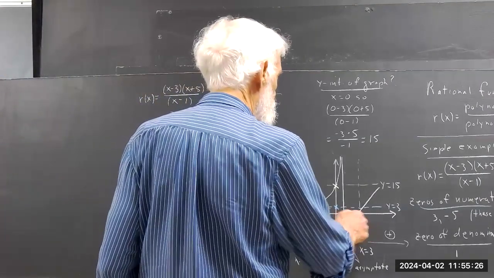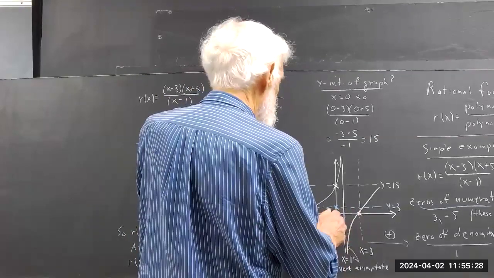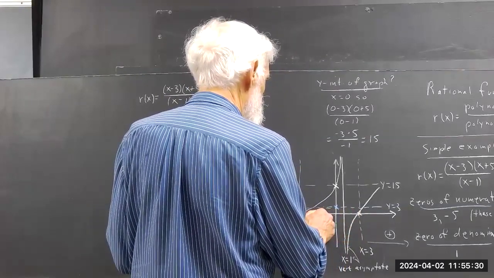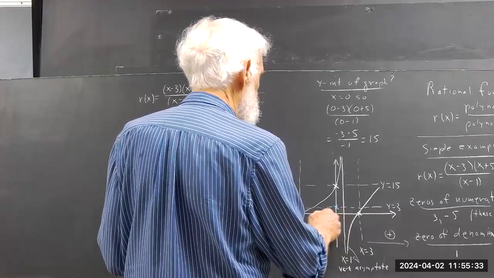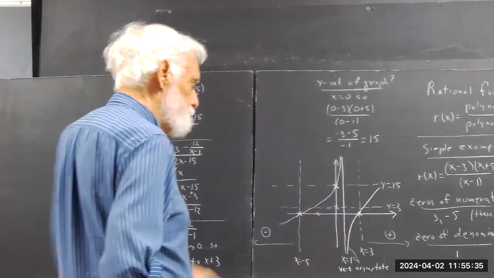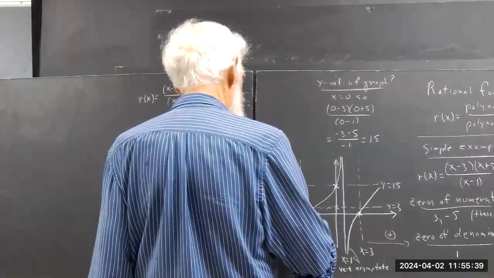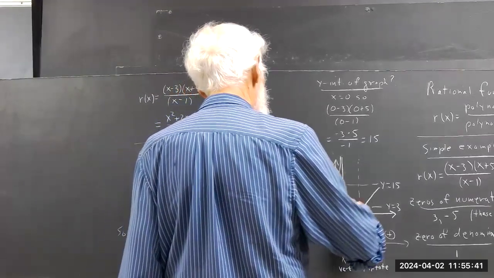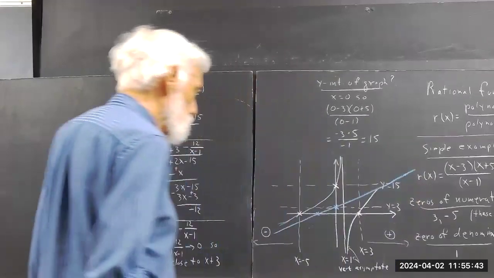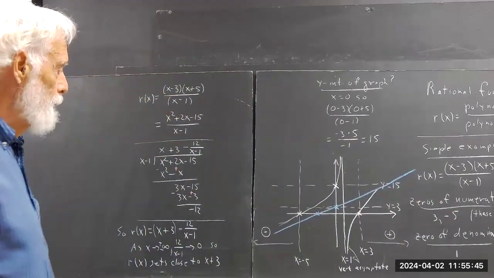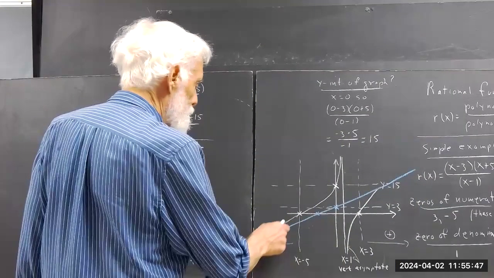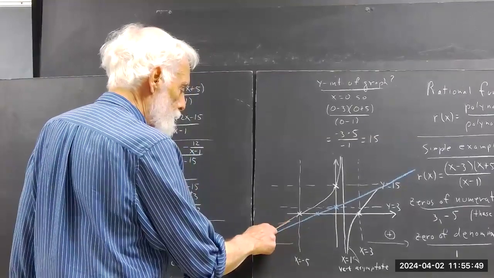That means if you move over 3 units on the x-axis, you move 1 on the graph. The graph of y equals x plus 3 is going to look like this. Now, I got it about right here.